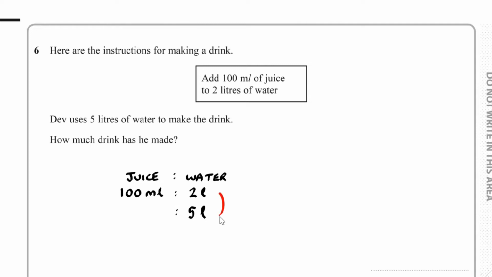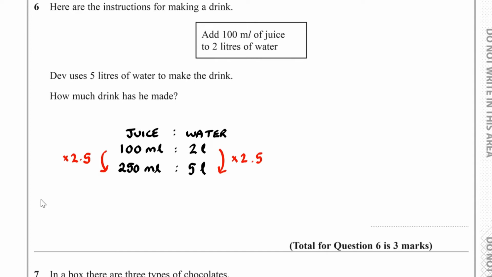Well, what I need to do here is multiply by 2.5. And if I multiply by 2.5 on the other side, it turns out we would get 250 milliliters. So how much drink would we have in total? In total, we've got 250 milliliters plus 5 liters.